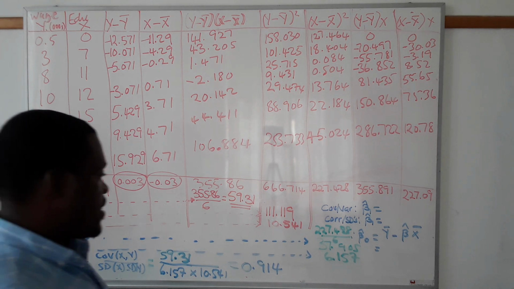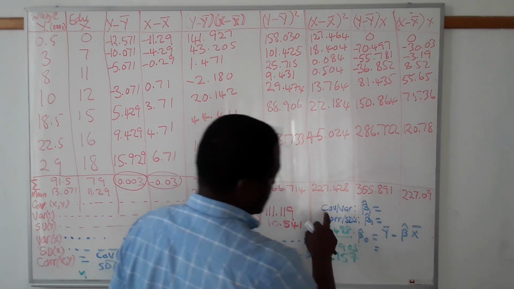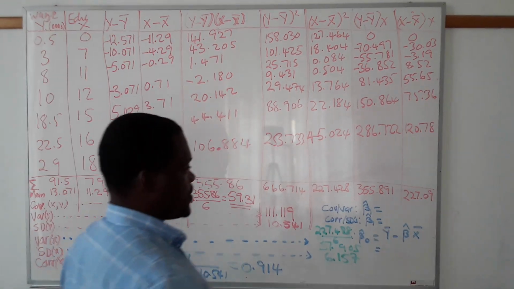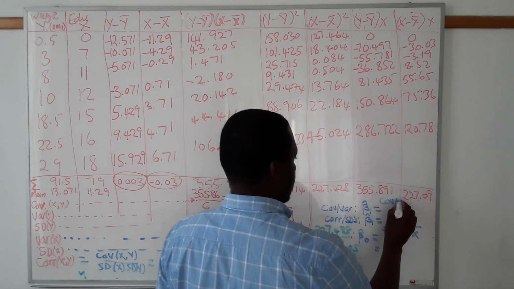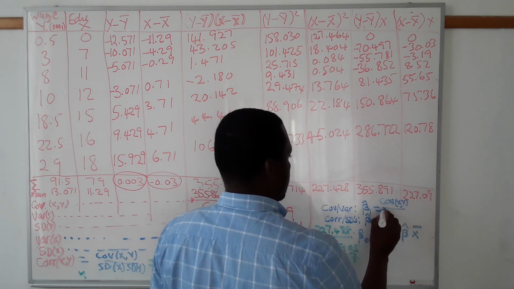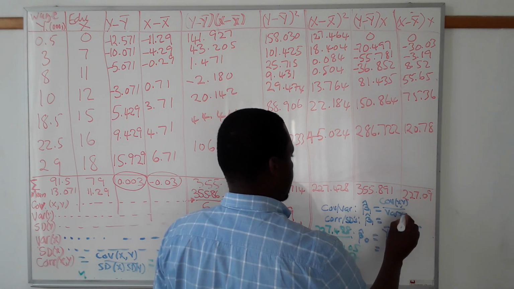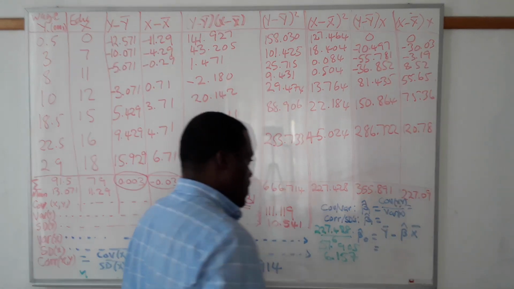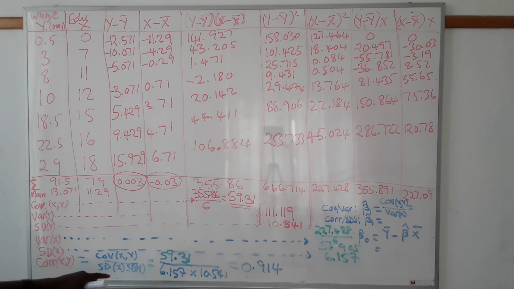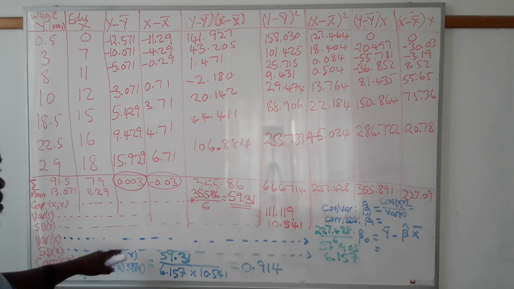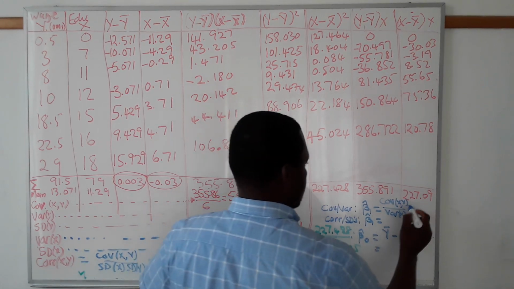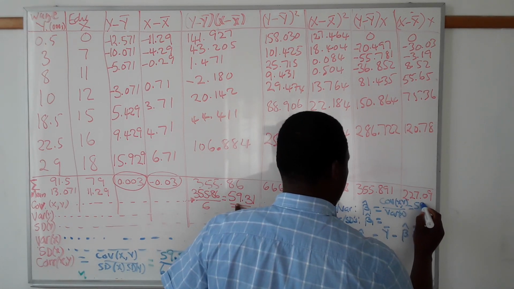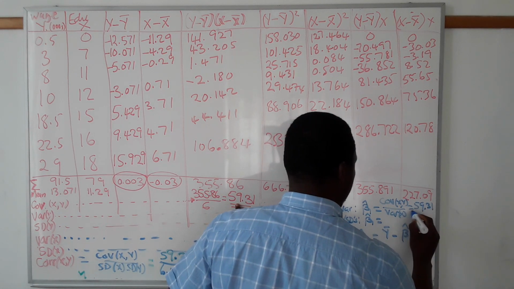What you remember from what we did using the covariance variance method, we said our beta 1 is equal to covariance of x and y over variance of x. So, covariance of x and y is this, which is 59.31.